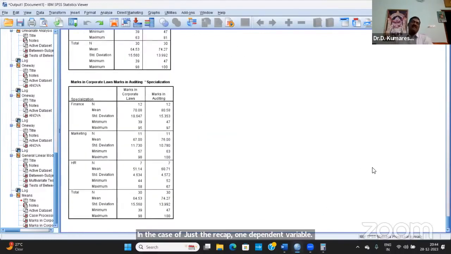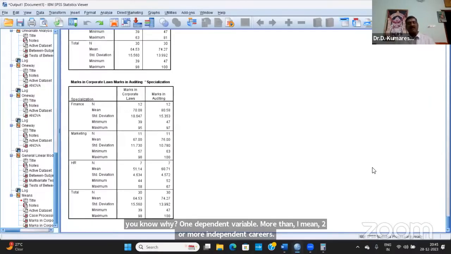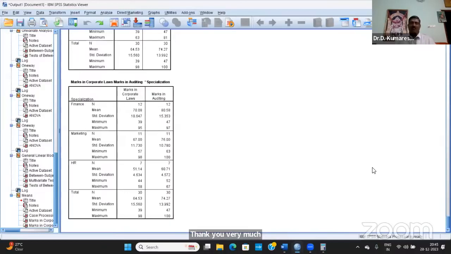For all the cases, the dependent variable must be scale data. Two-way ANOVA, one dependent variable, two or more independent variables. Any one of the independent variables may have two or more categories. That's enough. If both have more than two categories, that's also okay.